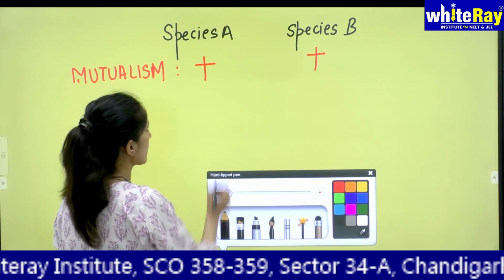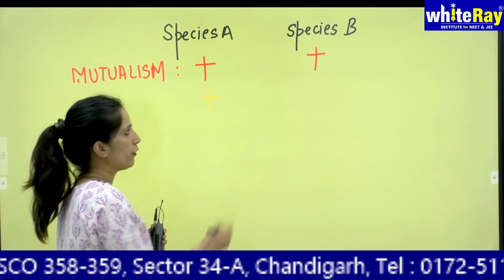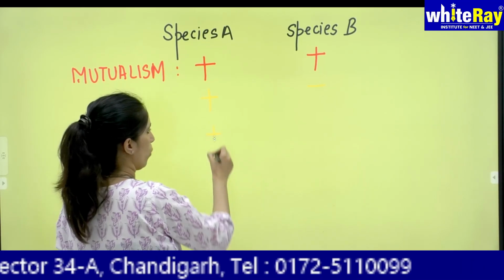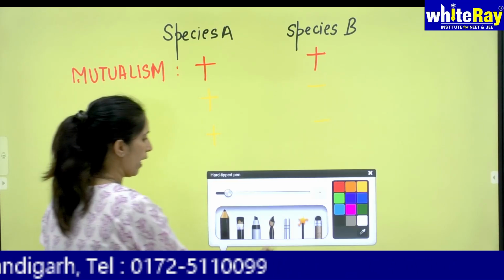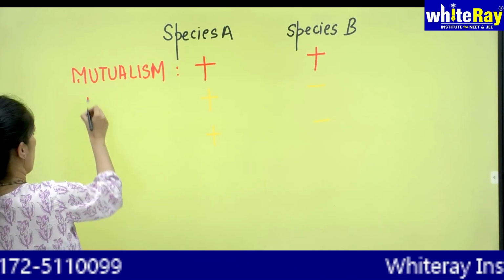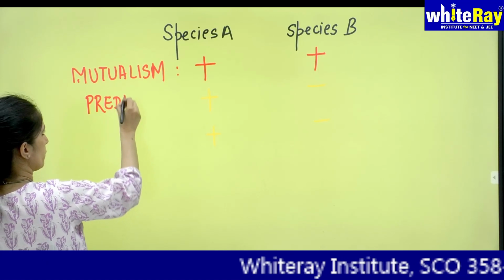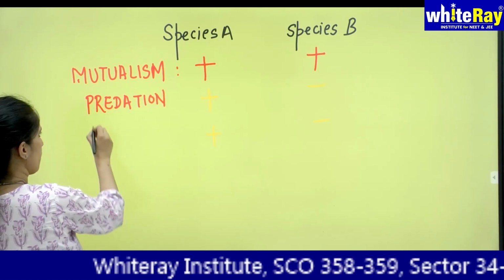But if you see that one species is benefited and the other is harmed, then we have two interactions of this type. One is predation, other is parasitism.